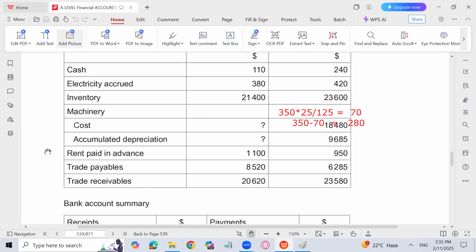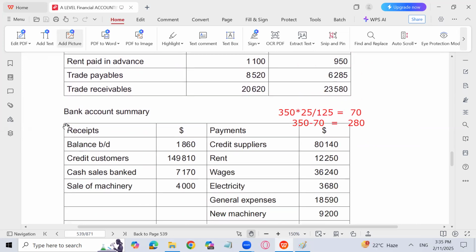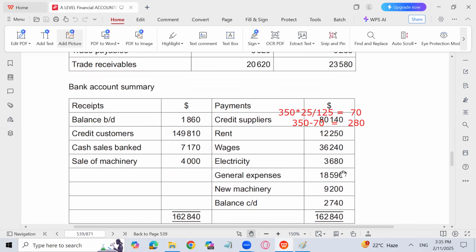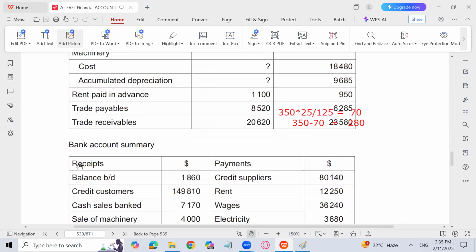If any expense or income account opening and closing balance are given, I will prepare the T account. So that is for electricity and that is for rent. I will just calculate it and you can prepare the account, right? How much electricity has been paid? There it is, 3680.